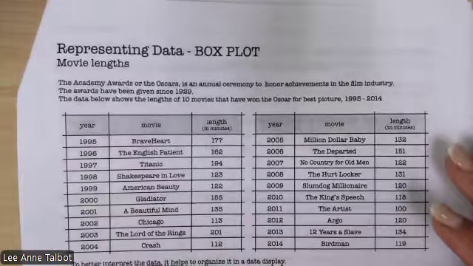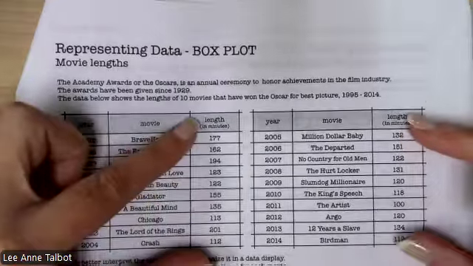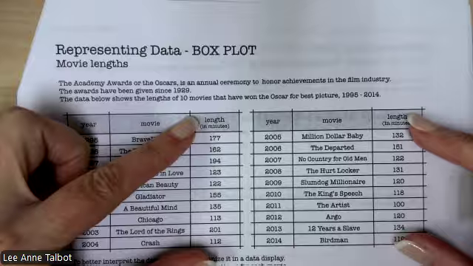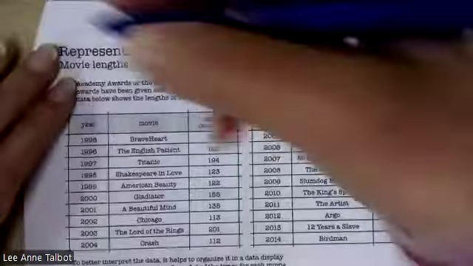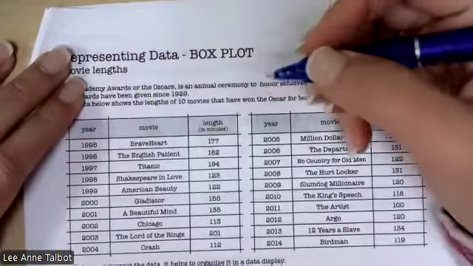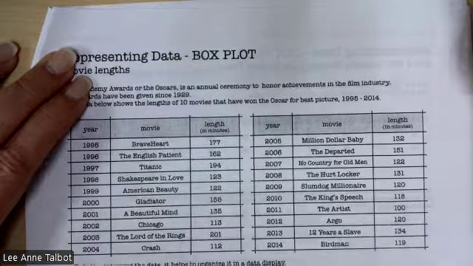And to do a box plot properly, we need to put the numbers that we're working with, which is these movie lengths, from least to greatest. So up here in this white space, I suggest that we all start putting the numbers from least to greatest.